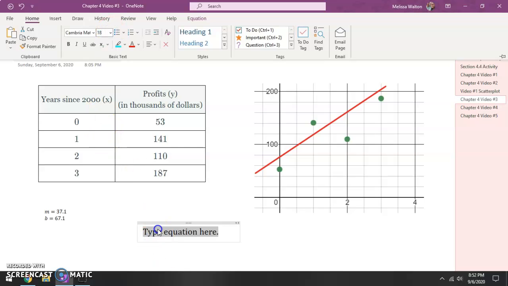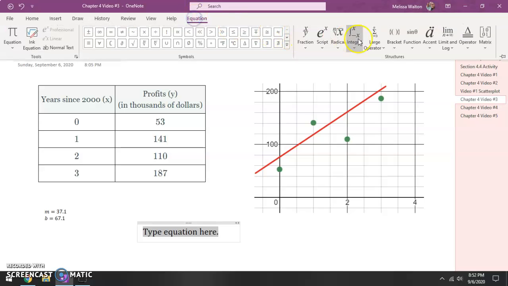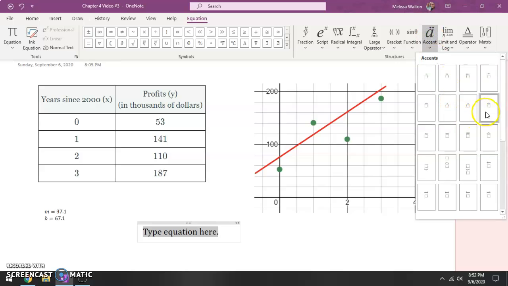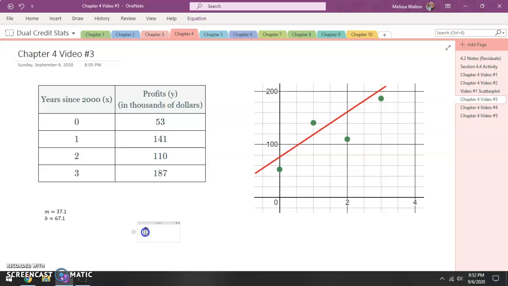Here we go. All right, so first off, for a line of best fit, we don't just write y, we actually write y hat. This symbol simply tells us that this is a prediction. This isn't the actual value. This is just our prediction based off of our linear regression.